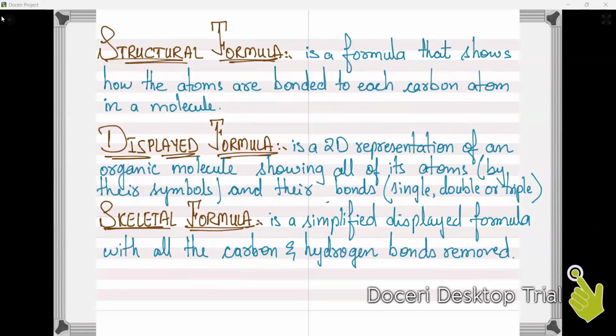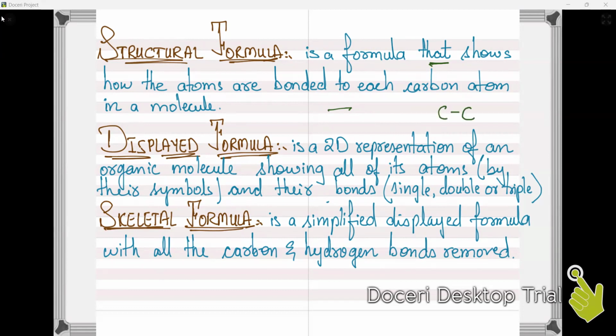Then comes the structural formula. Now, what is the structural formula? It shows how the atoms are bonded to each carbon atom in a molecule. That is what we represent in terms of the structural formula. For example, let's suppose I'm giving you a structural formula, which is this.